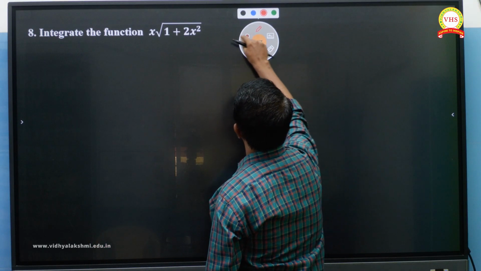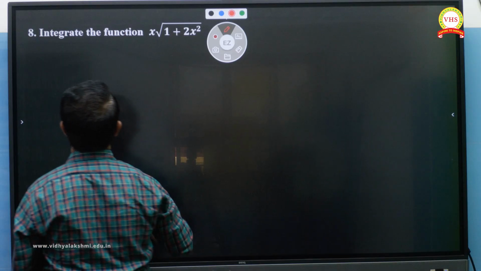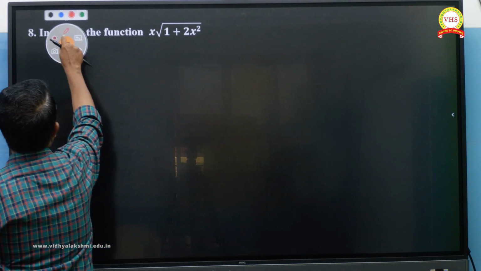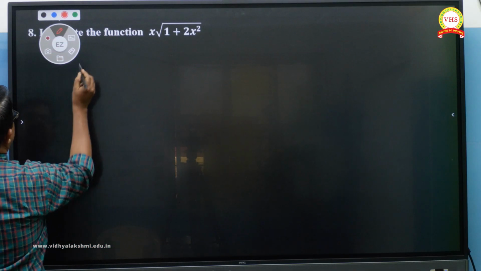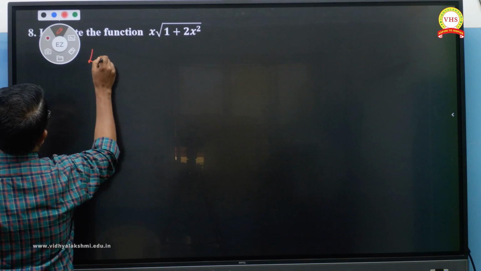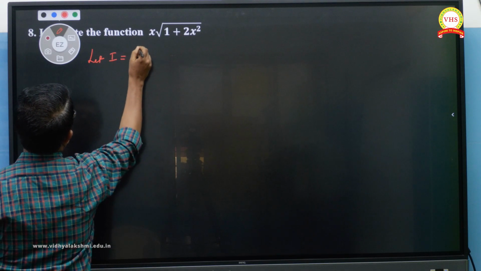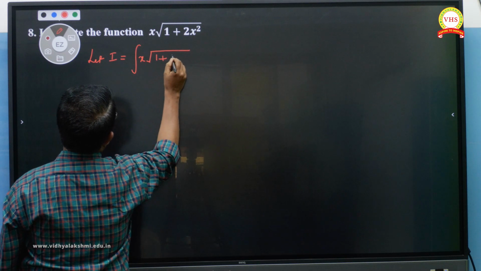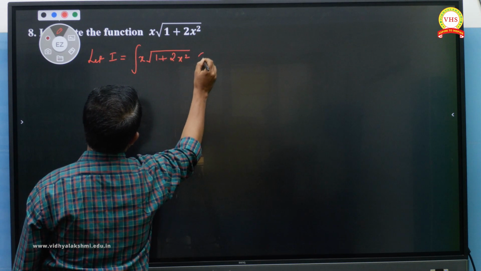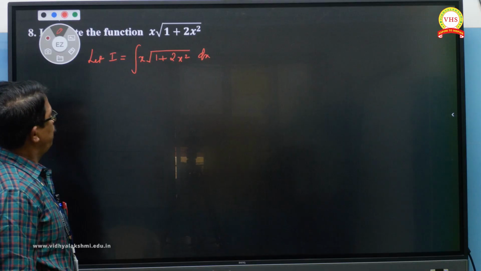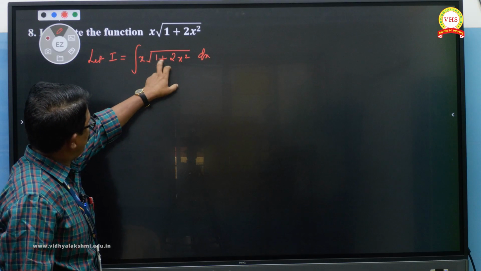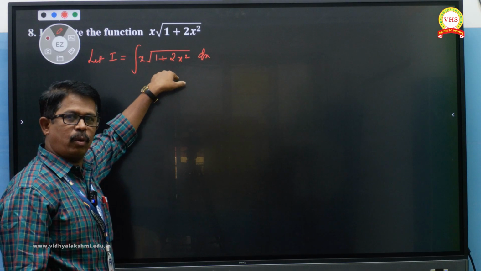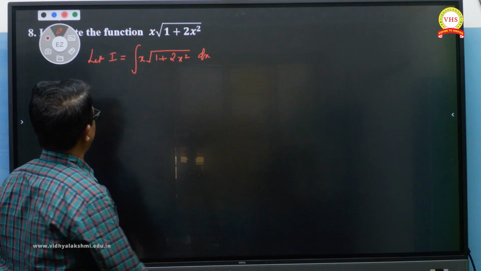Now what is the function? The function is here. Let I equal to the integral of x into square root of 1 plus 2x square into dx. What I told you: when you get any function within the square root bracket, you have to take an alternate variable.